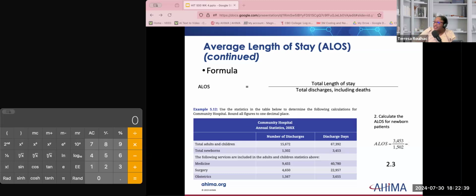And then just so everyone can see, 3,453 divided by 1,502, they got a long number for those of you who are watching. But the 9 said, hey, you need to represent me. And that's how the 2 went up to 3. So then the answer is 2.3. Good job, everybody.